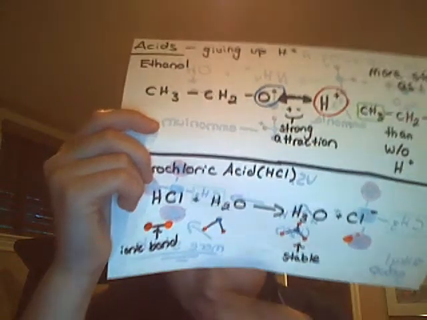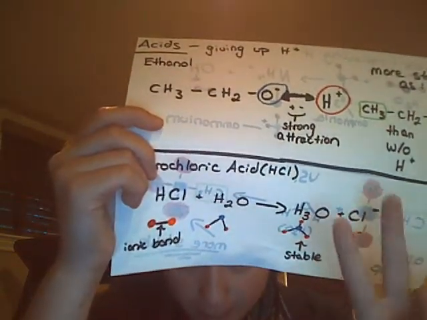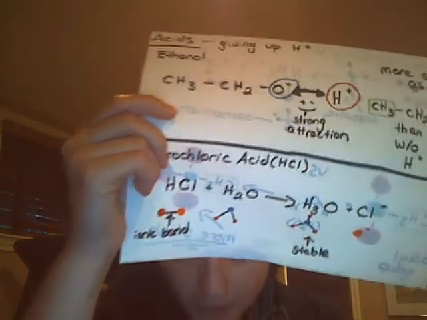So there are two requirements for both bases and acids. One, for bases, the hydrogen ion must be received. For acids, the ion must be given off.